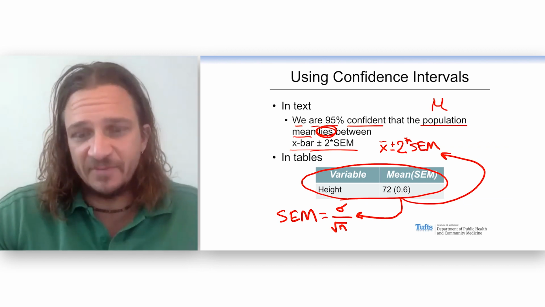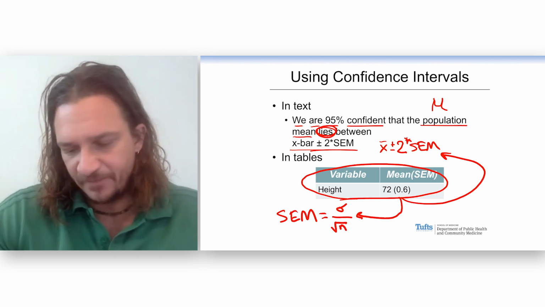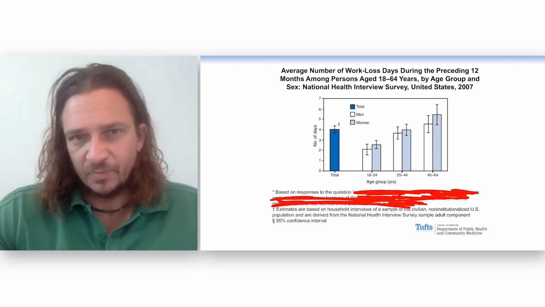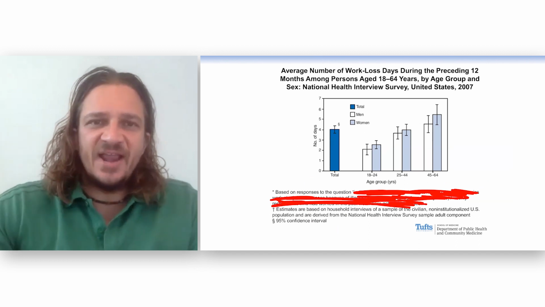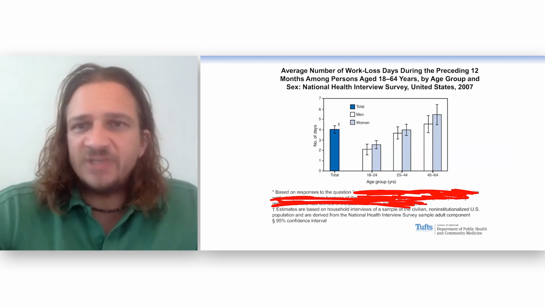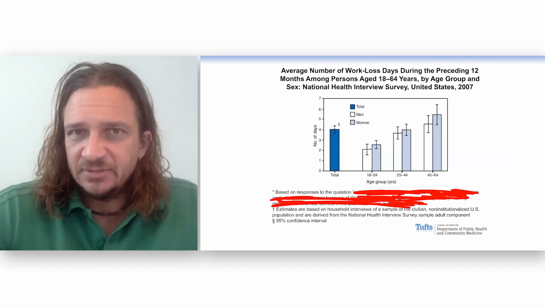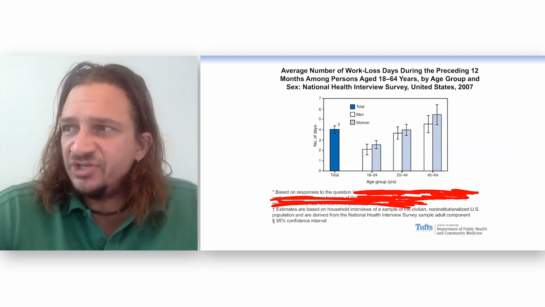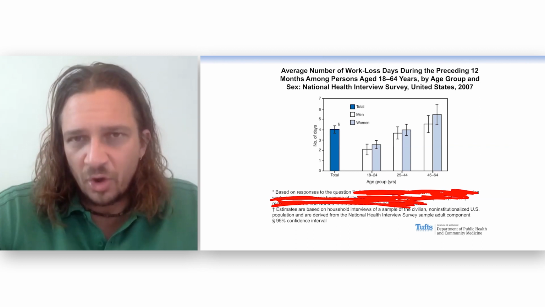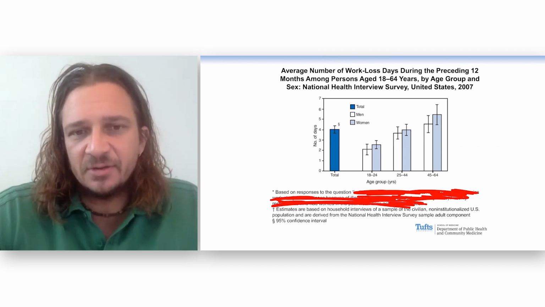Now, I want to show you a few examples of how this is used graphically. These are data on the number of work loss days during the preceding 12 months. Now, think for a second, how would you operationalize or define that work loss day?